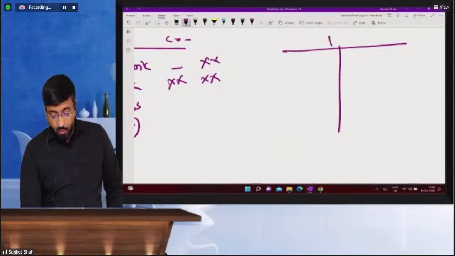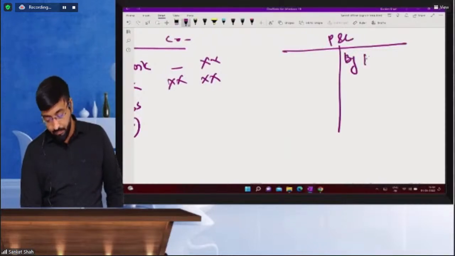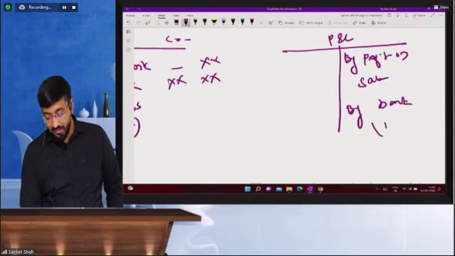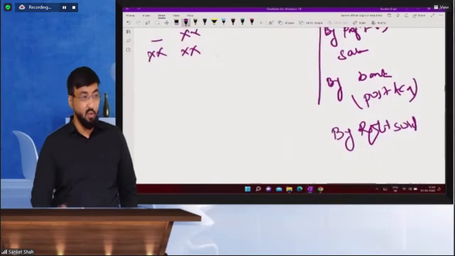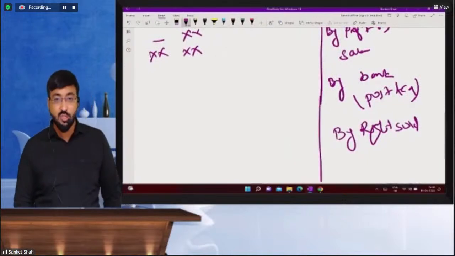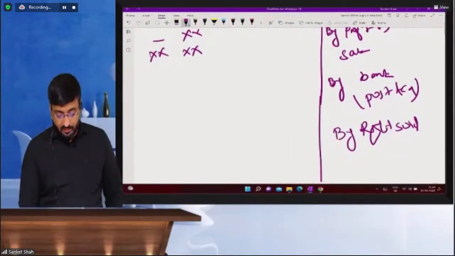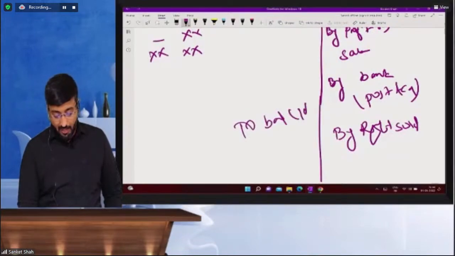If you prepare P&L: by profit on sale, by bank, post-acquisition dividend, and by right sold. If you sell your right to another person, that renouncement is what is called right sold. And this is to balance carried down.